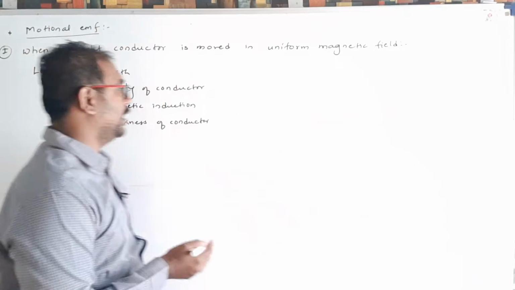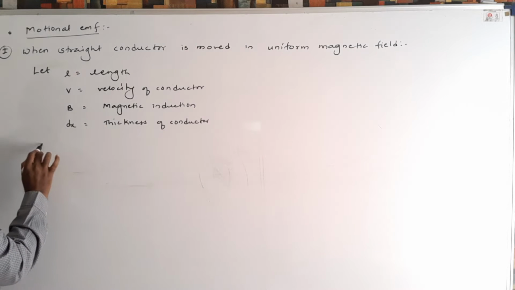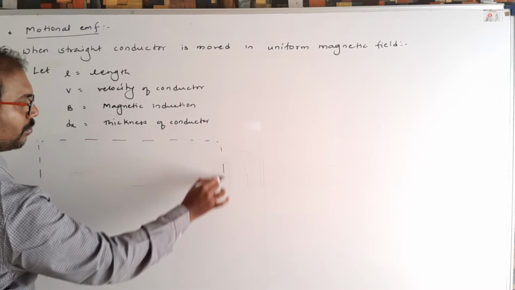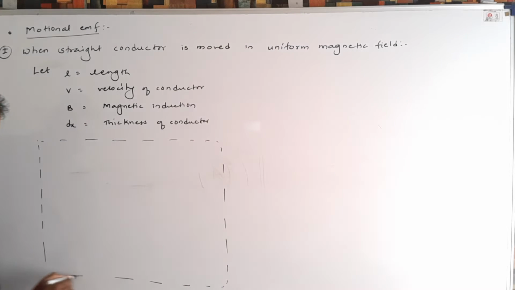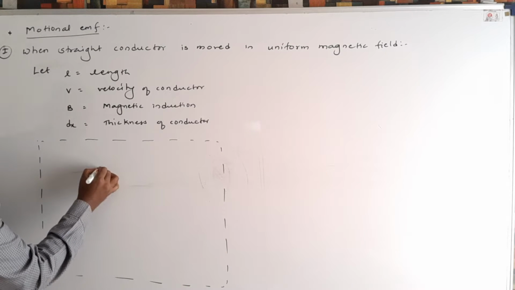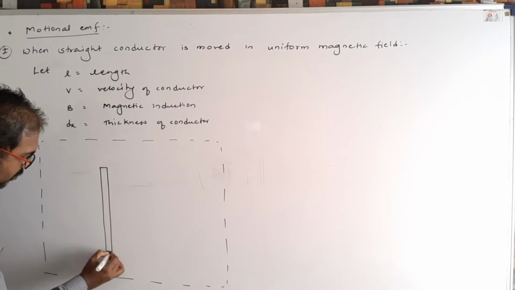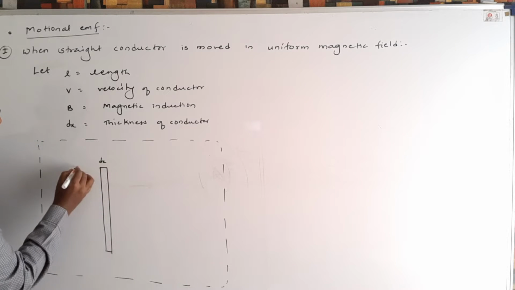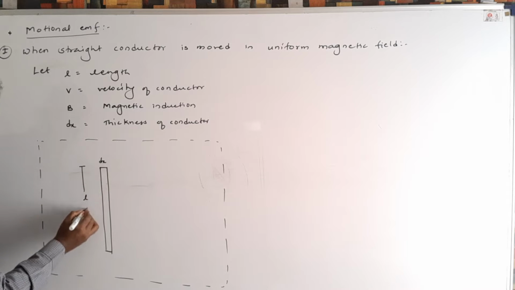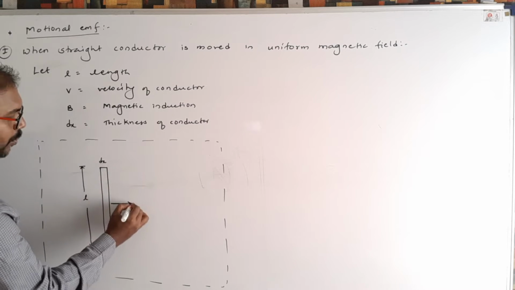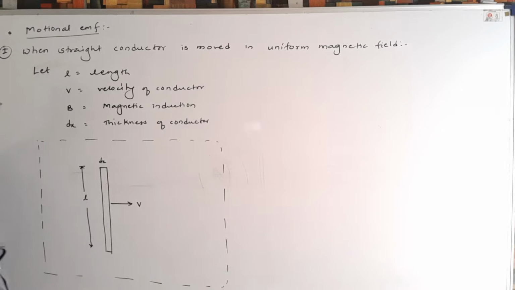Now let me draw the diagram here. So this is the magnetic field. So this is the straight conductor. Thickness dx, length L, and it is moved with velocity v.